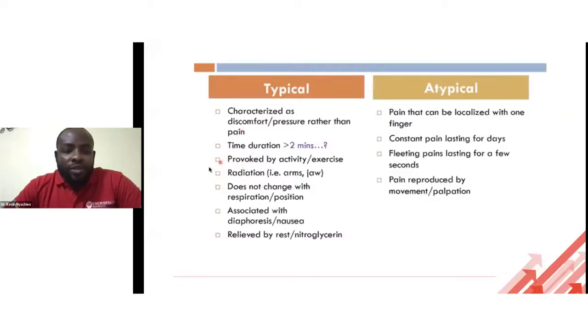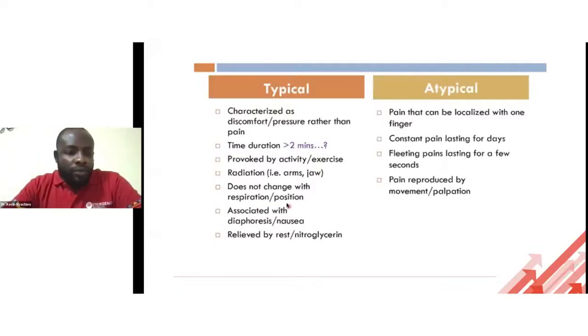So it's usually a pressure. And this has been there for maybe 2 minutes, 5 minutes. Pain is worsened or provoked by any sort of activity, however minimal. Sometimes you can find that this pain is radiating down the left arm, or the patient feels the pain in the left jaw.